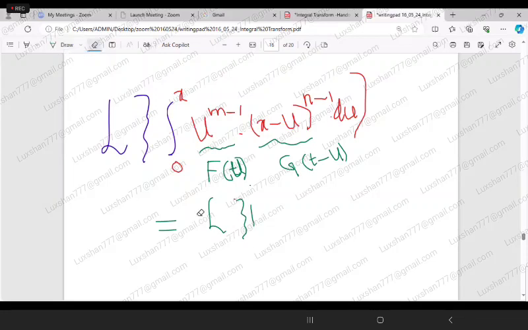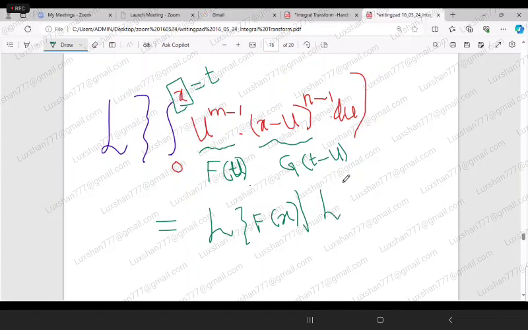f(x) into g(x), because my variable is x. Here I am taking x as my t. So it is the Laplace transform of f(x) into the Laplace transform of g(x).